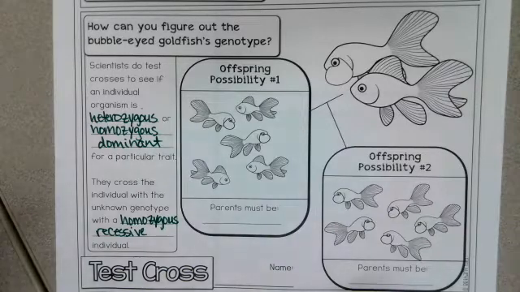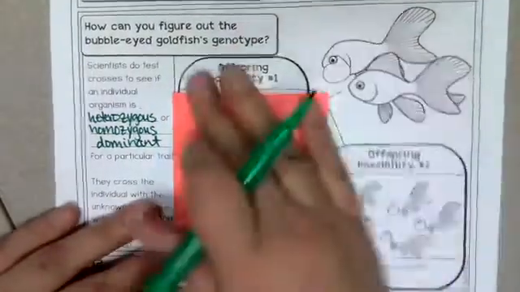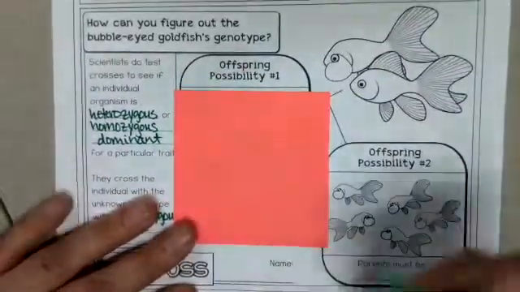Okay, so now we have to do a little bit of work on the side here in order to figure this out. So I'm going to go ahead and grab a little Post-it note because we need that handy dandy tool to figure out what our babies are going to look like, right? And that little tool is called a Punnett square. So I'm going to pull out a Post-it note here so you guys can see for sure what's going on.